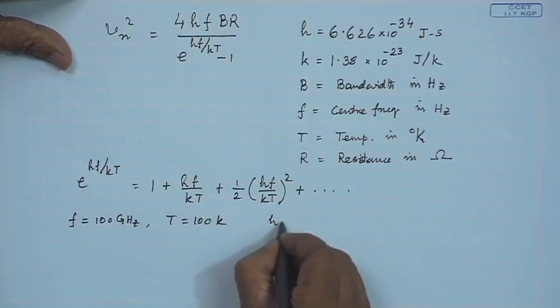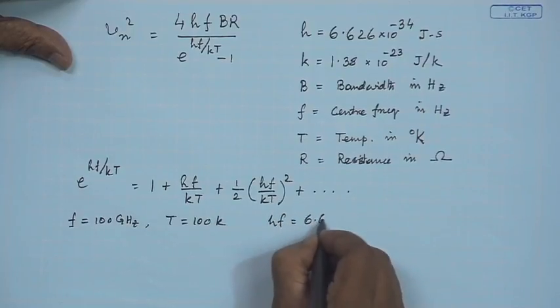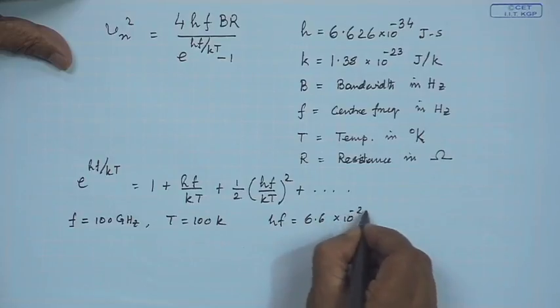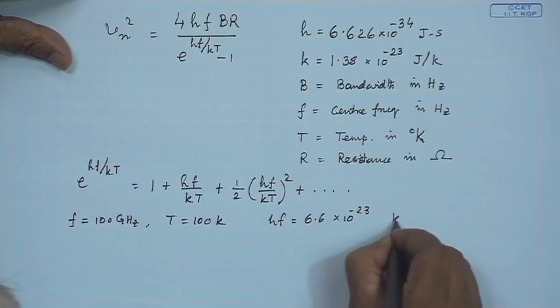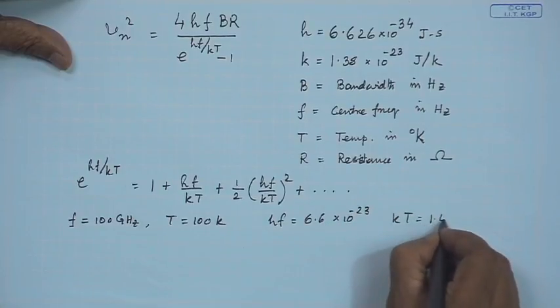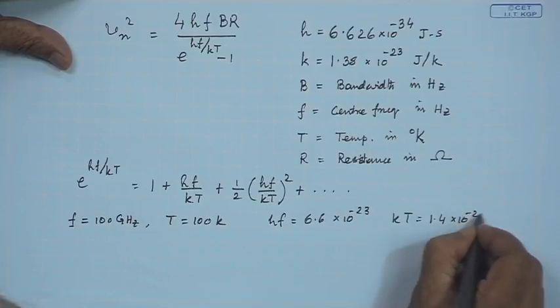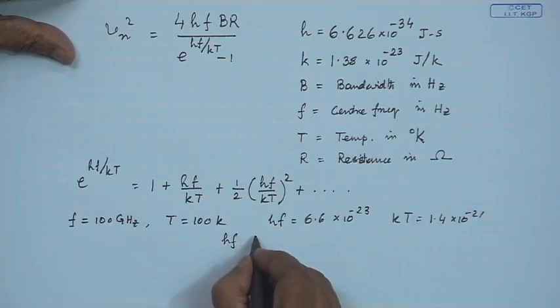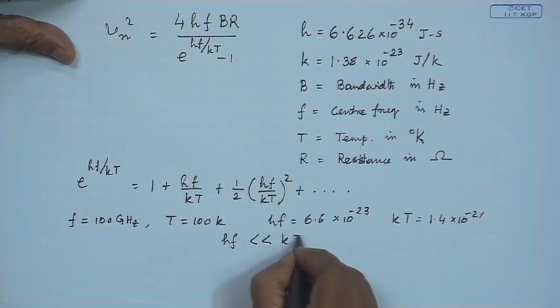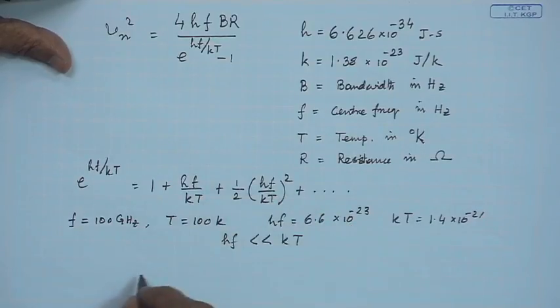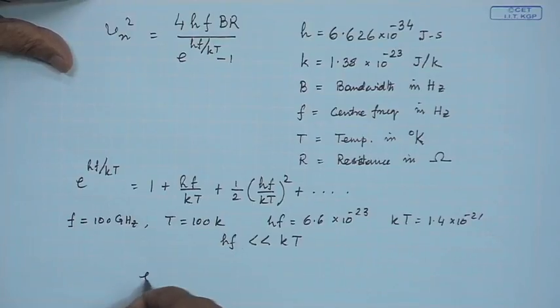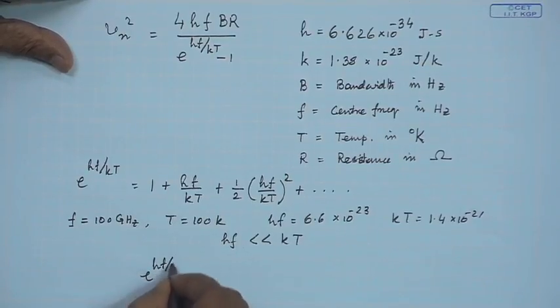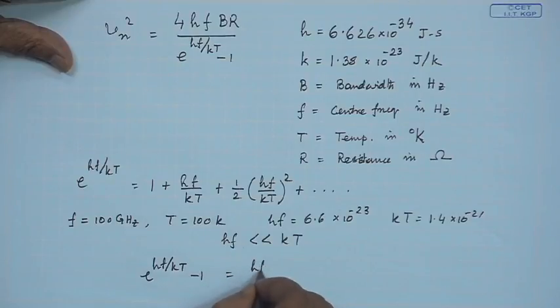The value of h f is 6.6 into 10 to the power minus 23, and the value of k T is 1.4 into 10 to the power minus 21. So, that means h f is smaller than k T. So, higher terms can be neglected. Therefore, we can say e to the power h f by k T minus 1 is equal to h f by k T.